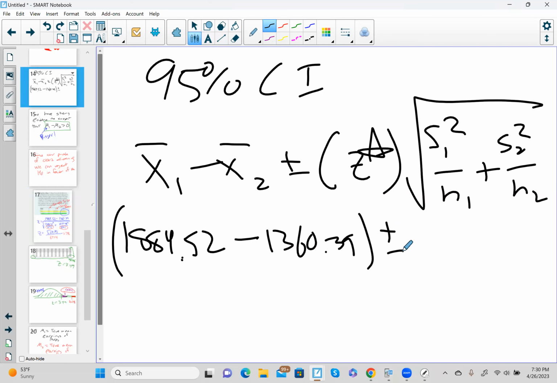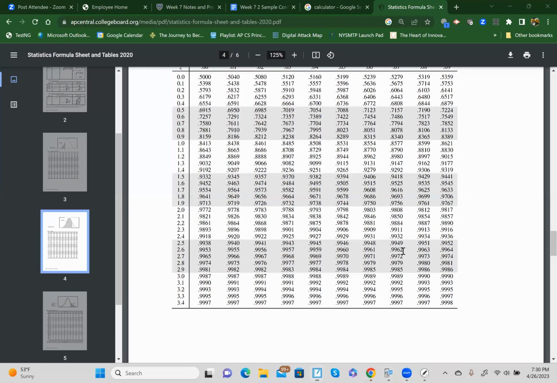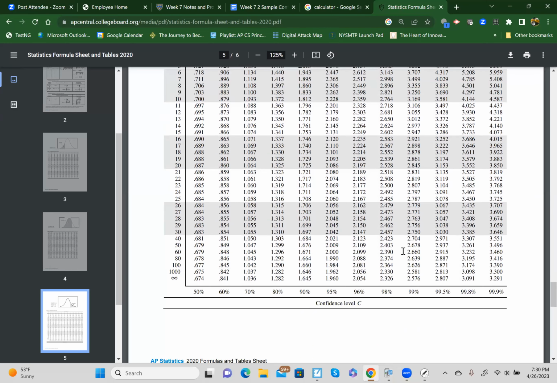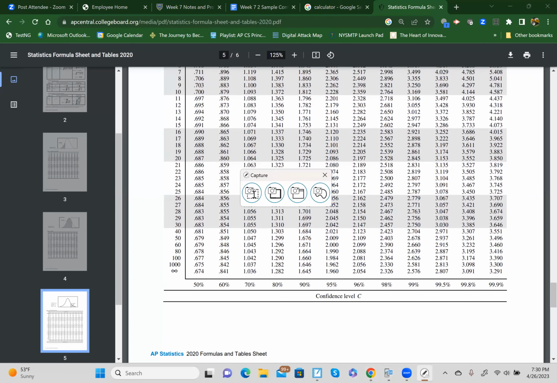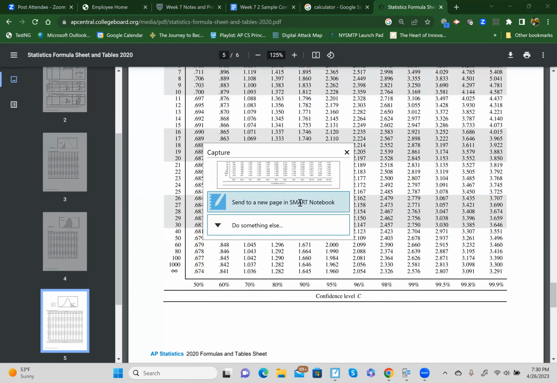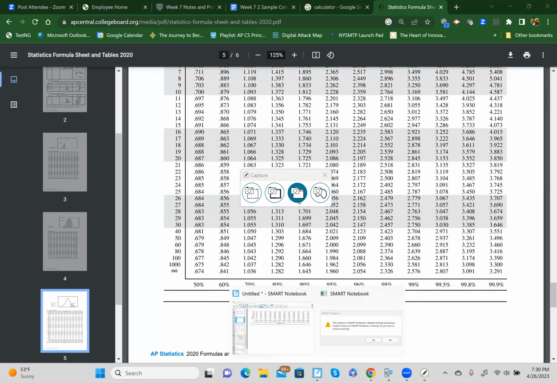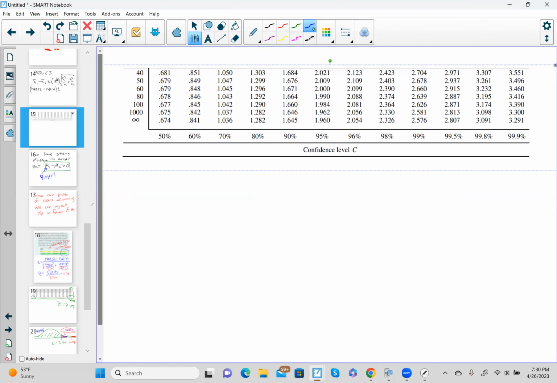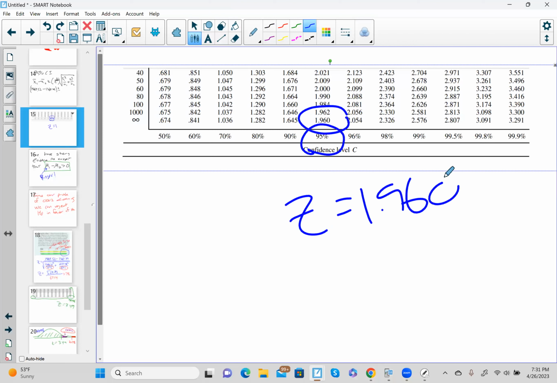Quick reminder, what you do is you go back to that chart, go to the last chart here, and you decide what level of confidence you want. So the question asks for 95%. You should know you have the option to change that, but in this case they asked for 95, so I'll do it. Here's 95%, and the number right above it is Z equals 1.960.